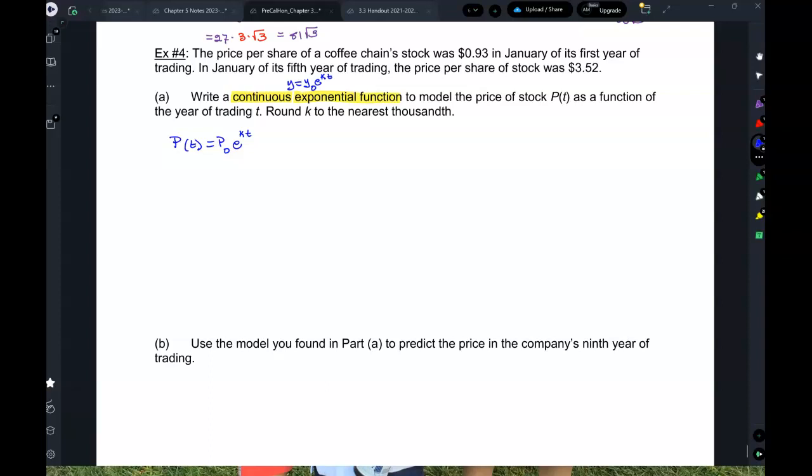All right. So final amount was 3.52. Initial amount, 0.93. E to the k times how long did it take for this to happen? 5. Okay, so now I'm going to divide both sides by 0.93.